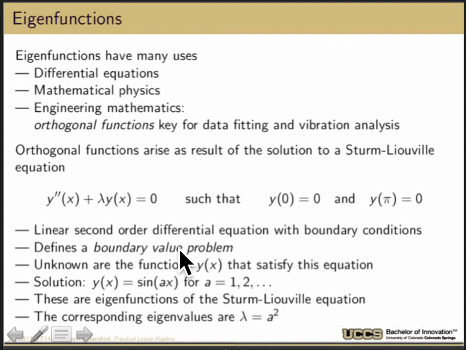And by boundary conditions, what we really mean is you have a function, you have to satisfy the derivative, but you also have to hit some values at the end. It turns out that for these kinds of boundary value problems, eigenfunctions of the Sturm-Liouville equation give us parts of the solutions. And for example, for y equals sine of ax, the corresponding eigenvalues are lambda equals a squared, and the eigenfunctions come back to be themselves. So we get sines. So lots of different kinds of problems.